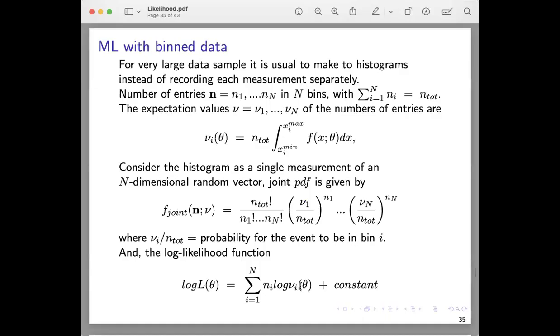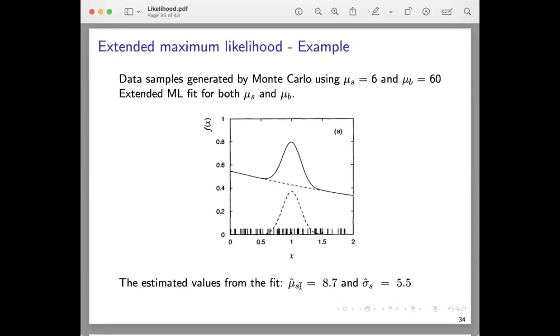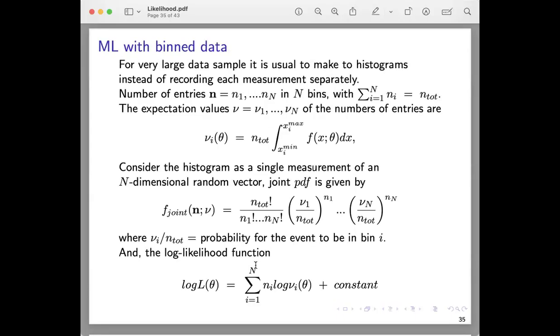Now this is what we discussed so far. It's unbinned, and we basically plot it in terms of bins, but when you do the fit, you actually use individual events to define the likelihood. But you can also fit to the binned data, particularly useful when the data set is very large.